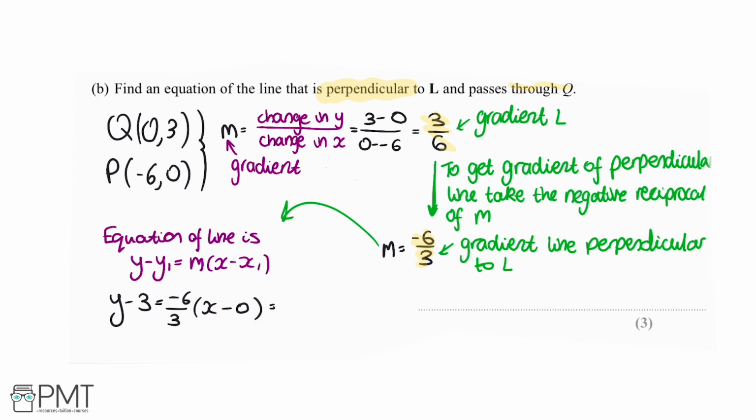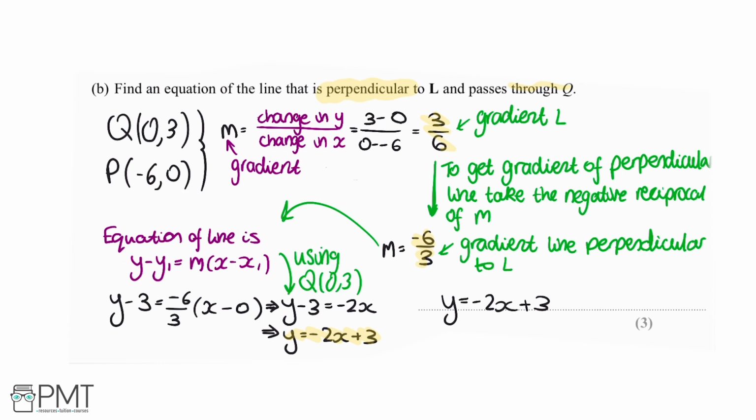Let's tidy that up. y minus 3 equals minus 6 divided by 3, which is minus 2, and x minus 0 is just x, so minus 2x. Tidy that up again by adding 3 to both sides, and we get y equals minus 2x plus 3. And that is the final answer.